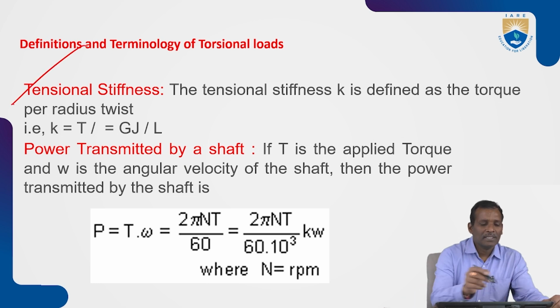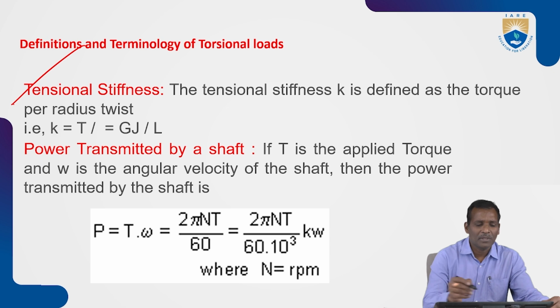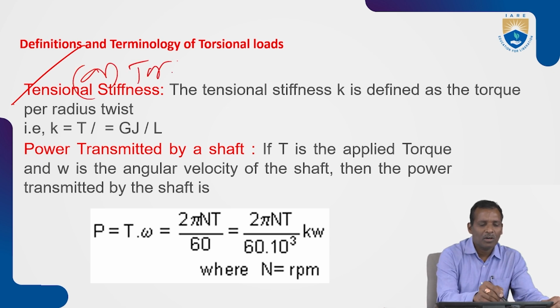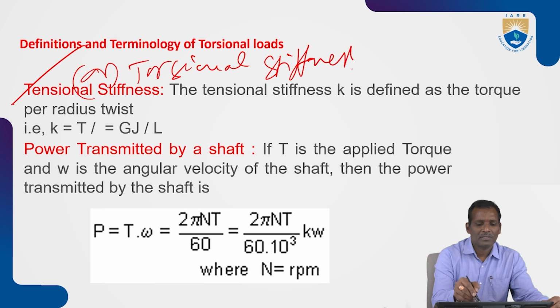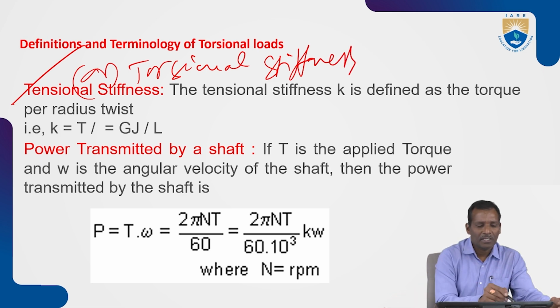Next definition is torsional stiffness. The actual word is torsional stiffness: torque per radian twist.